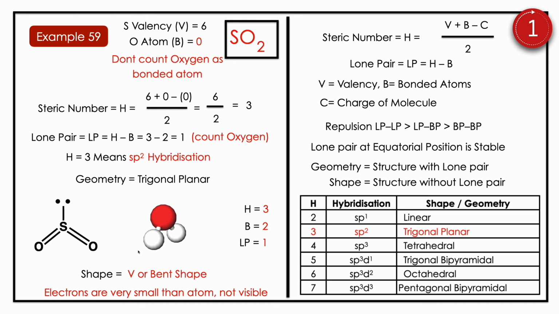So H3 means sp2 hybridization. But you have one lone pair in the system. Lone pair can occupy anywhere. So in trigonal planar, oxygen will be on one end, lone pair will be on the other end. Lone pair is not visible, so it will be a bend shape. So the shape of SO2 is V shape or bend shape.